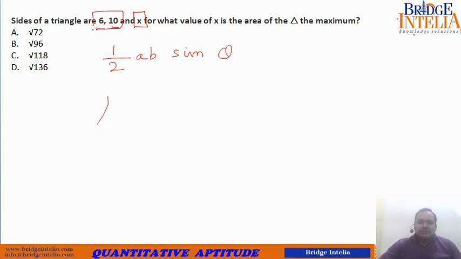Here we have the values for two sides. So area of the triangle will be half into 6 into 10 into sine of the included angle, whatever angle is included between these.